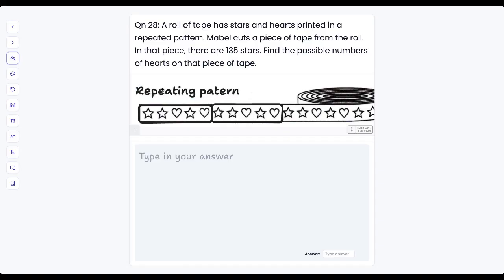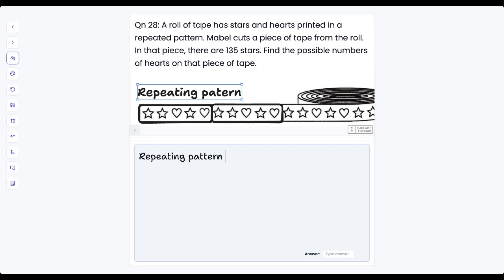So for this, the repeating pattern is 1, 2, 3, 4, 5. So the repeating pattern is equal to 5 shapes. In these 5 shapes, you have 3 stars plus 2 hearts.